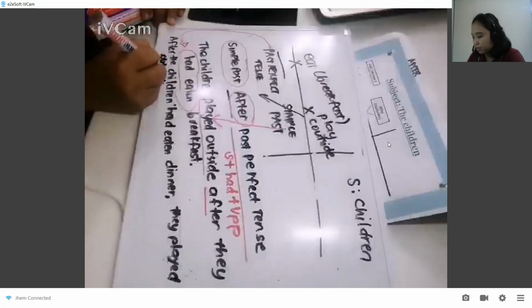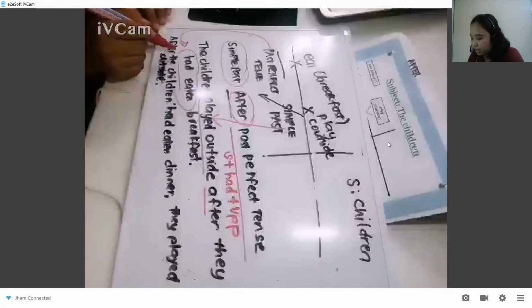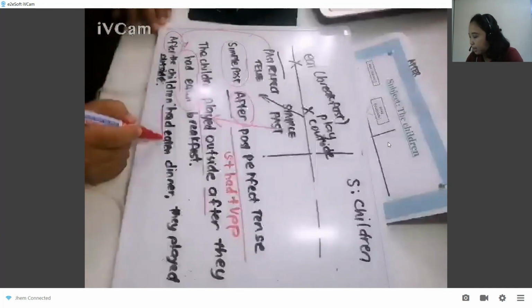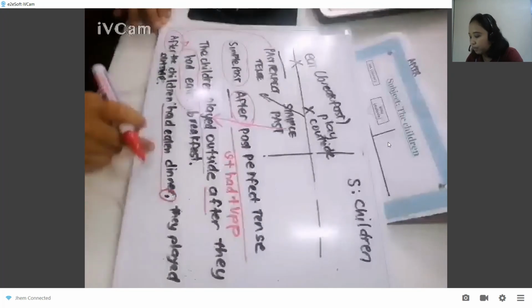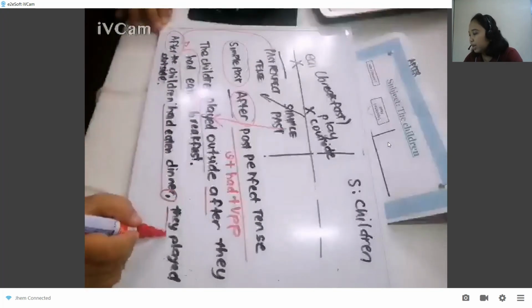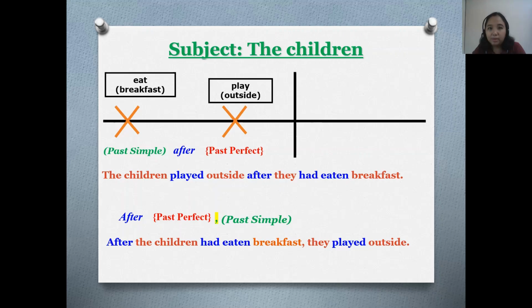So you can start with after and then the past perfect tense form. Don't forget to use the comma if you start with the conjunction and then the simple past tense form, which is played. Now let's look at the sentences again. The children played outside after they had eaten breakfast. Or after the children had eaten breakfast, they played outside.